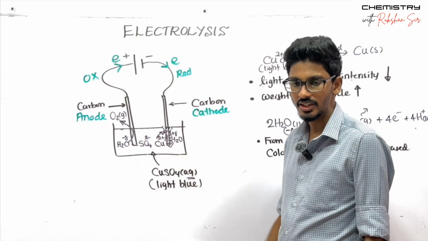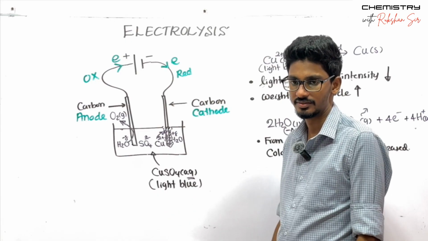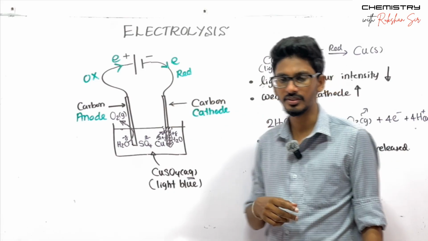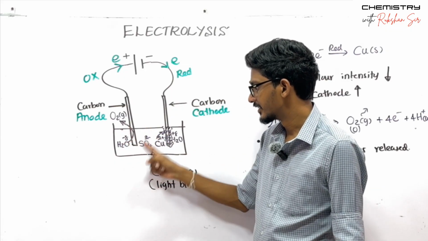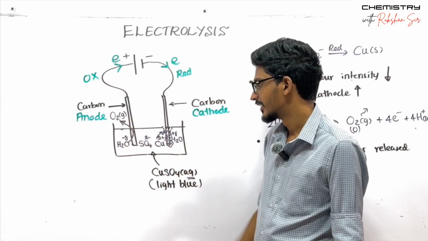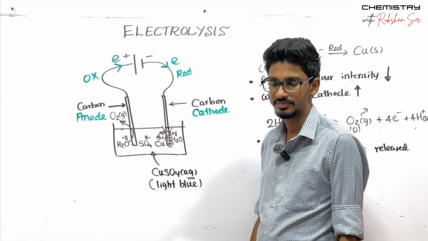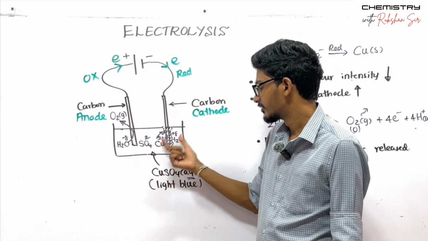That is what we have to learn here at A levels. That is the only thing we have learned in A levels. All the other things have been learned in O levels. Out of the species which are attracted to the anode, which one will react at the anode? Out of the species which came to the cathode, which will react?